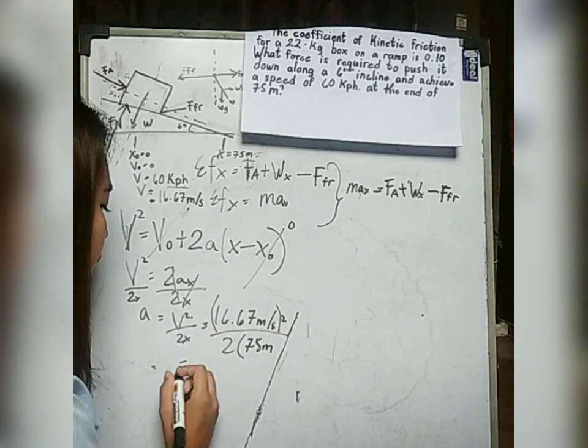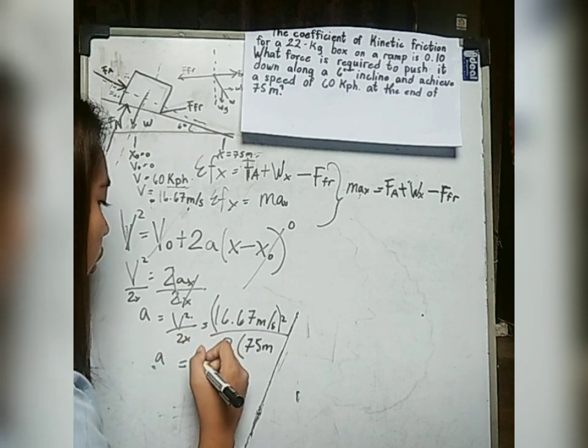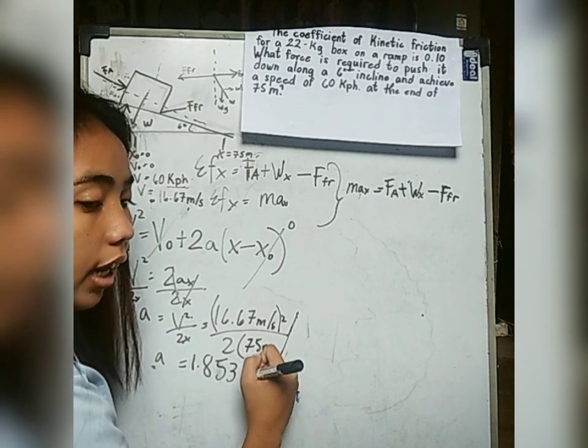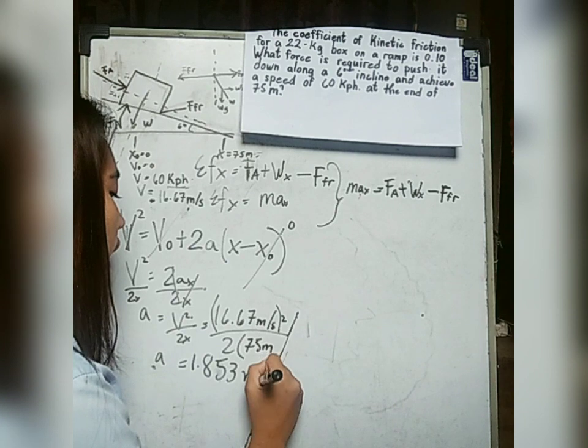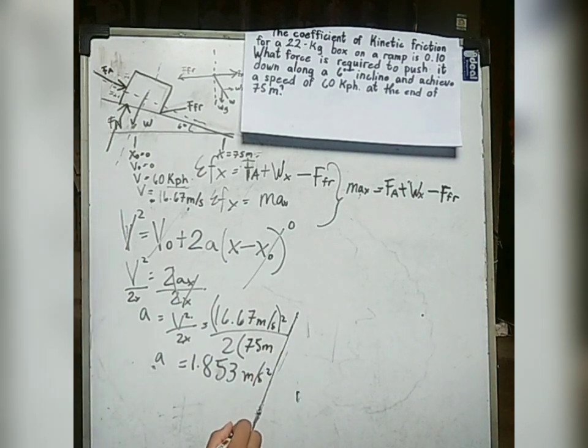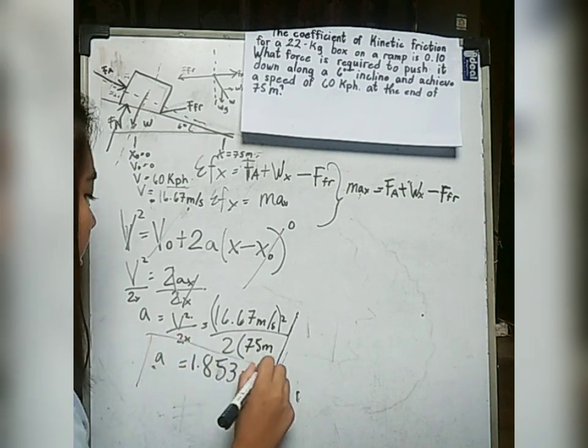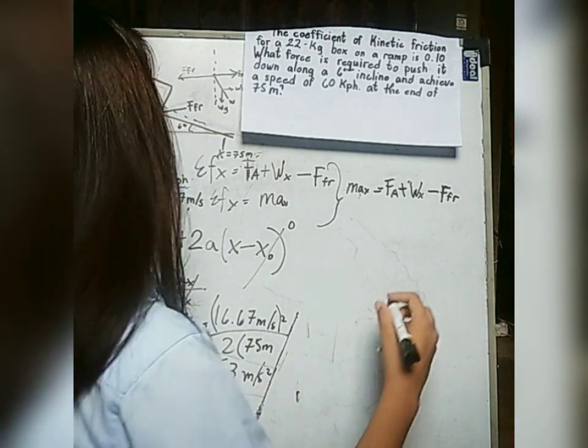So, equal na tayo ngayon, acceleration is equals to 1.853 meter per second squared. So, now, meron na tayong meter per second squared na acceleration. So, pwede na natin siyang i-solve.